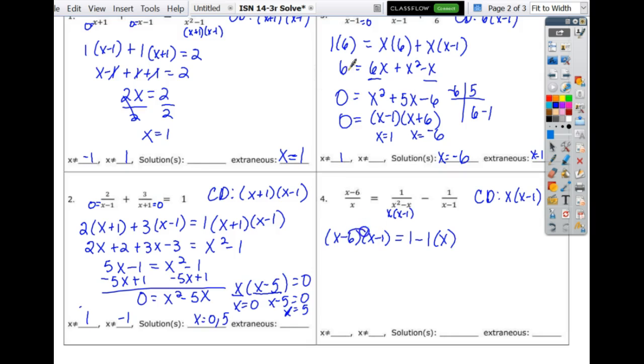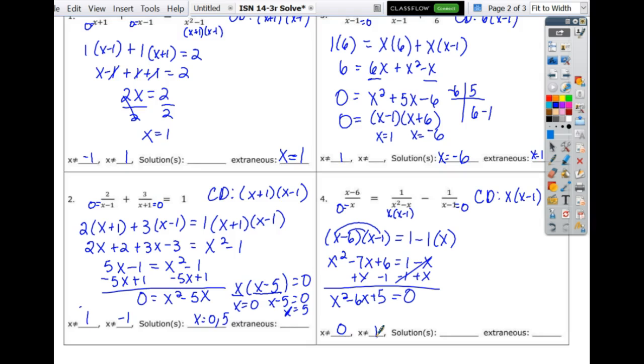So you get minus 6x minus 1, so that gives you minus 7x, right? So I'm going to get x squared minus 7x plus 6. Now I want to move everything to the x squared side. And so if I set this equal to 0 and this equal to 0, my x can equal 0 and a positive 1.